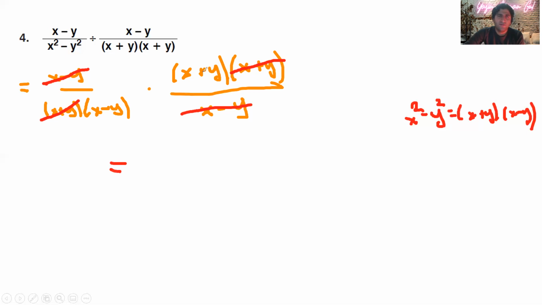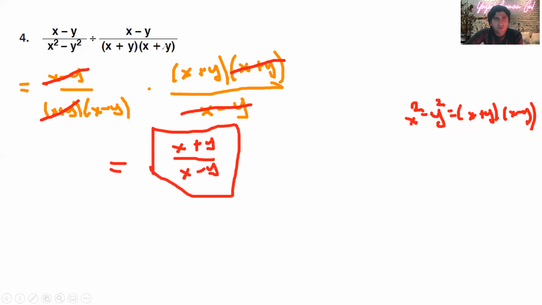On the top I have x plus y, divided by, at the bottom, x minus y. So this is going to be my answer. This here is x plus y times x plus y, so you can cancel any of them. It doesn't matter which one you cancel. I cancel this one. You can cancel this x plus y with this x plus y. So the answer is going to be x plus y over x minus y.